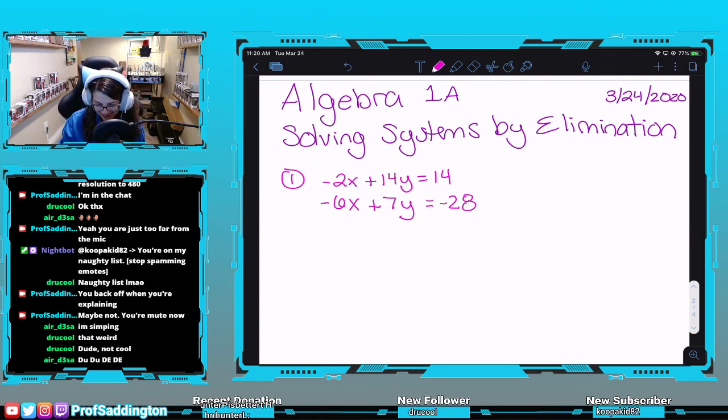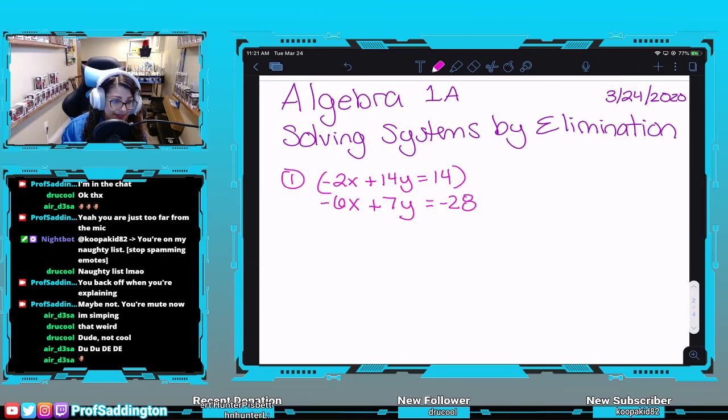All right. So I'm going to pick x to eliminate. I need a negative 6 and a positive 6, so I'm going to leave the bottom equation the same. I'll multiply my top equation by negative 3 so I can get that positive 6.